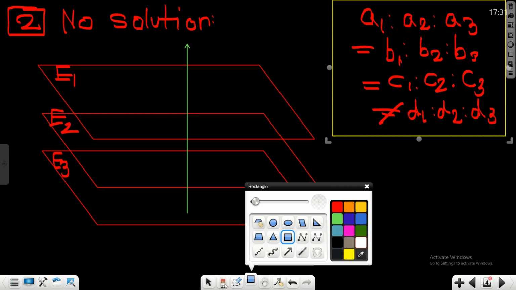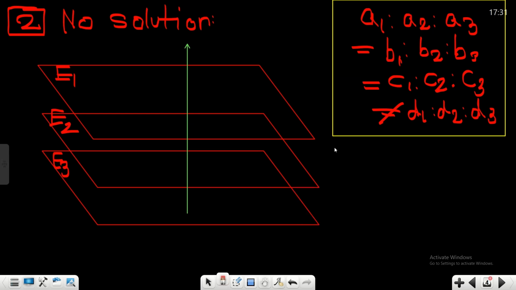And if I expand this, then the condition is that alpha times A1 plus beta times A2 should be equal to A3.